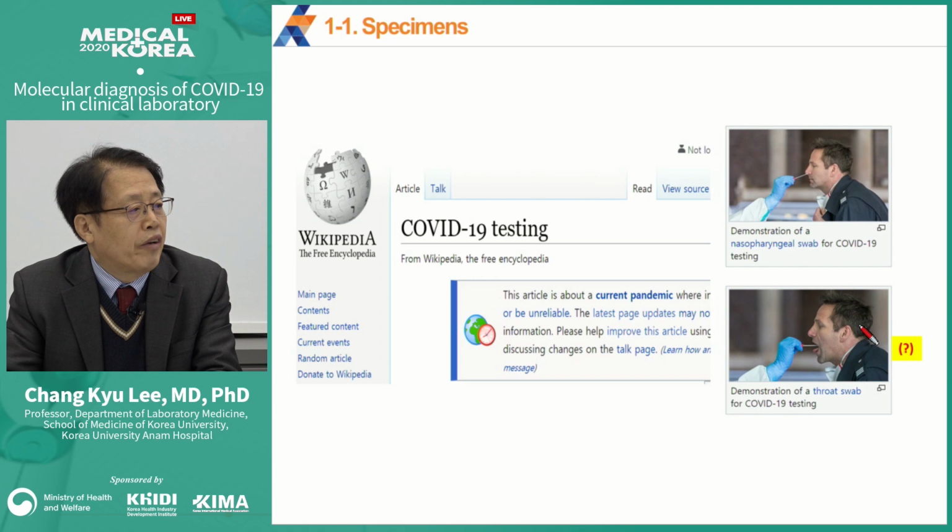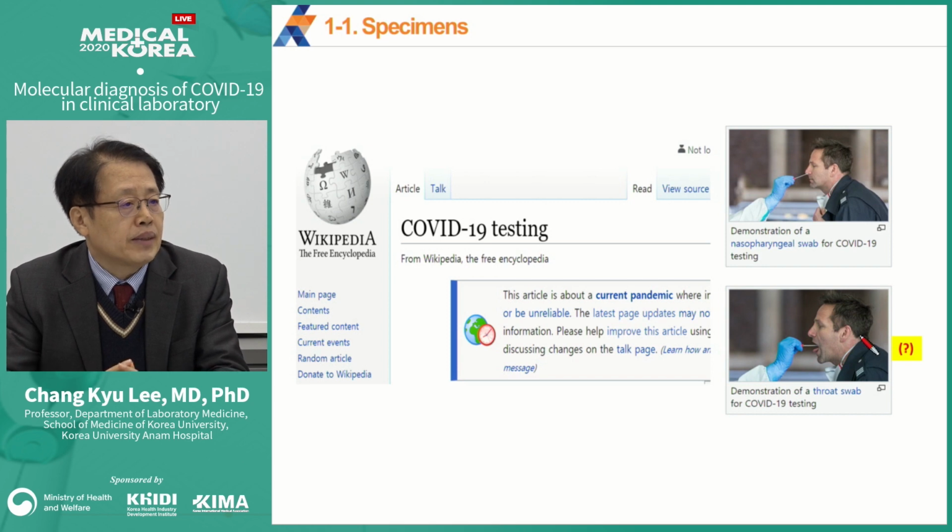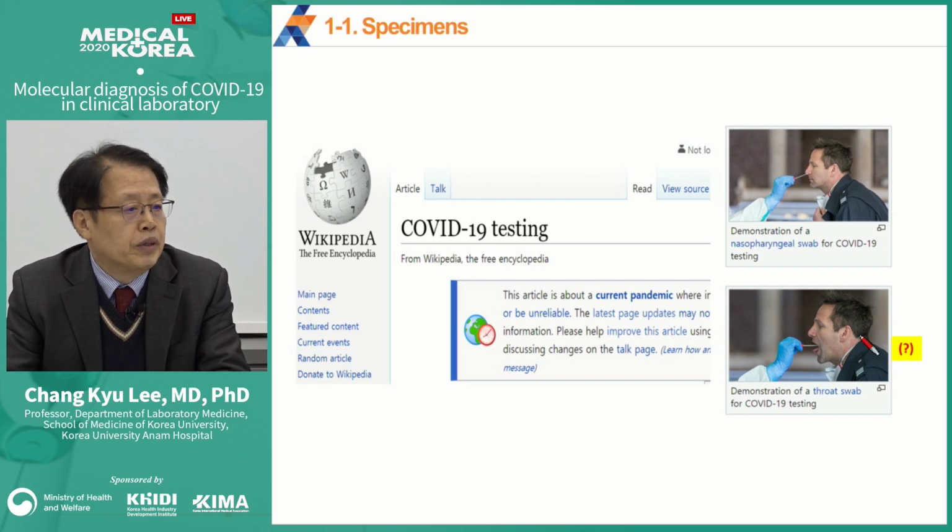This is Wikipedia site on COVID-19 testing, showing two pictures. In my opinion, throat swab is not good. When we did shell viral culture for influenza in the past, we had taken NP swab and throat swab from the same patients and compared the results.